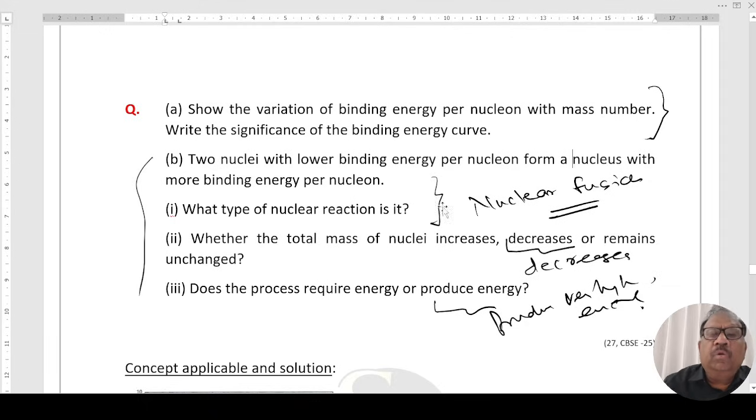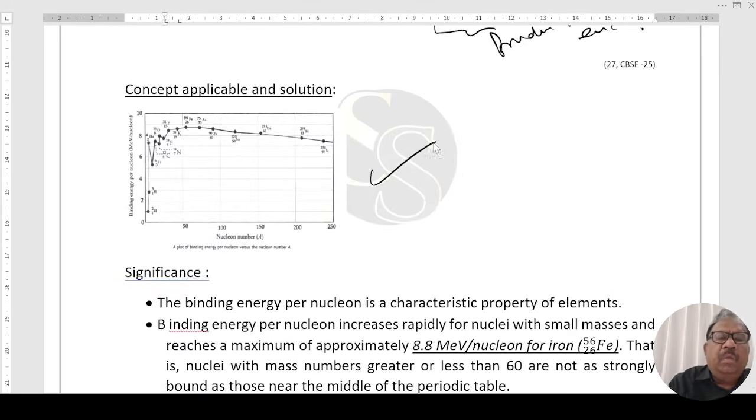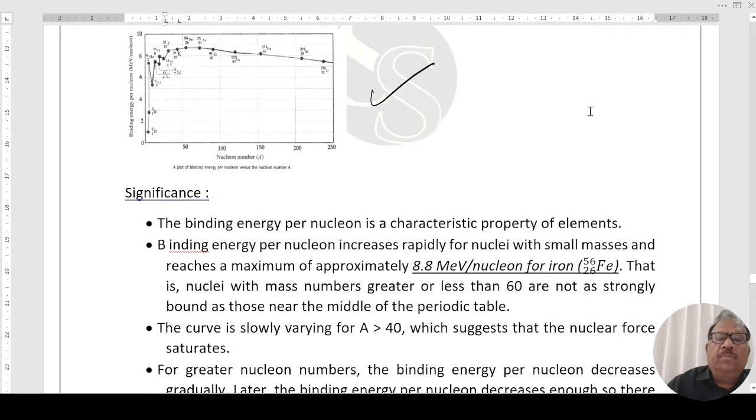Now show the variation of binding energy per nucleon with mass number. This is the graph, binding energy per nucleon, a graph like this. You can go through it very well. The significance is: binding energy per nucleon is a characteristic property of elements.